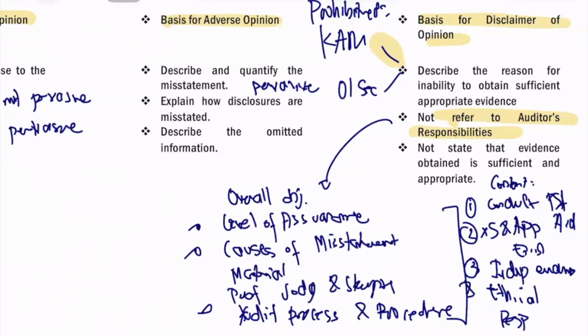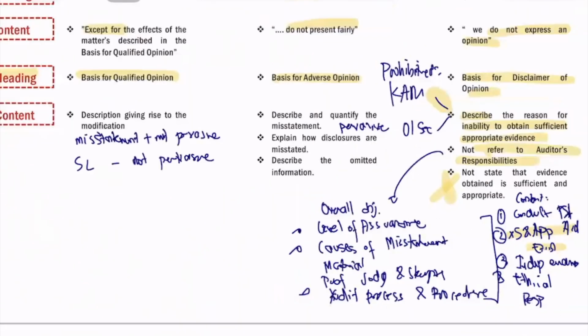Therefore, you should not tell that you obtained sufficient and appropriate evidence. Since in your basis for paragraph you describe that you did not obtain it, you should not state that you obtained it. That is why, as we said, in the auditor's responsibility, you were not able to obtain sufficient appropriate audit evidence. So take note of those changes.